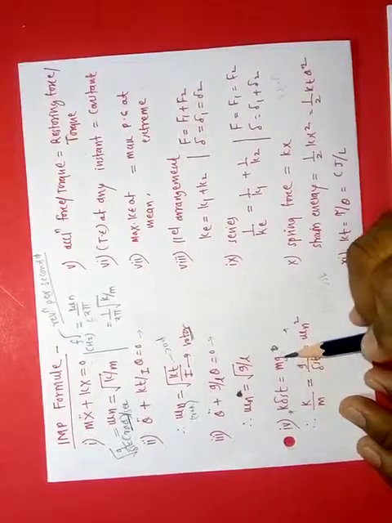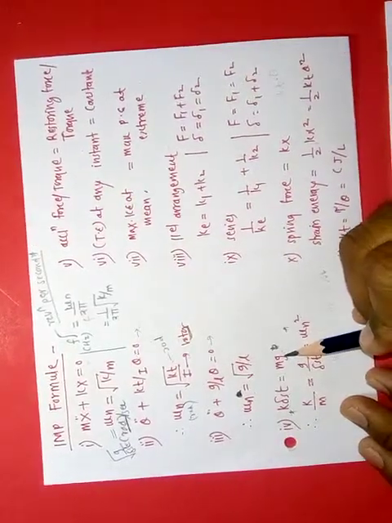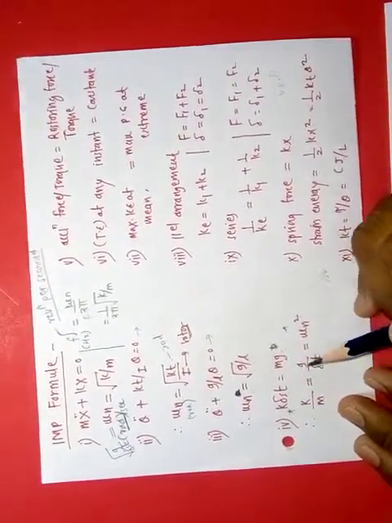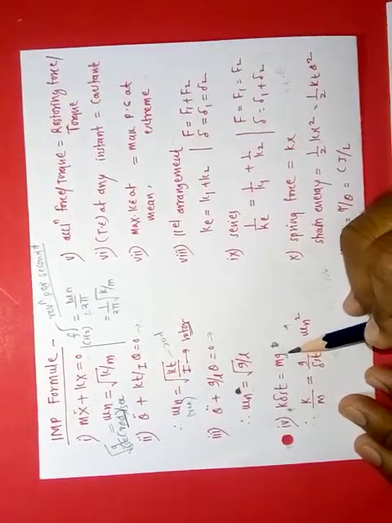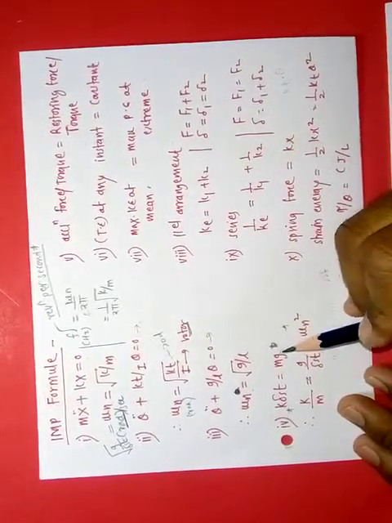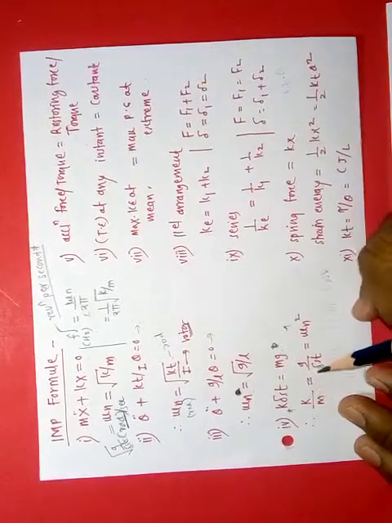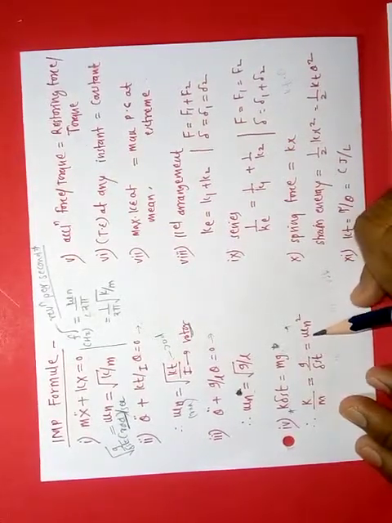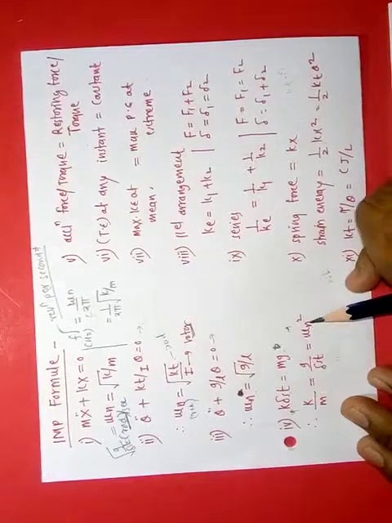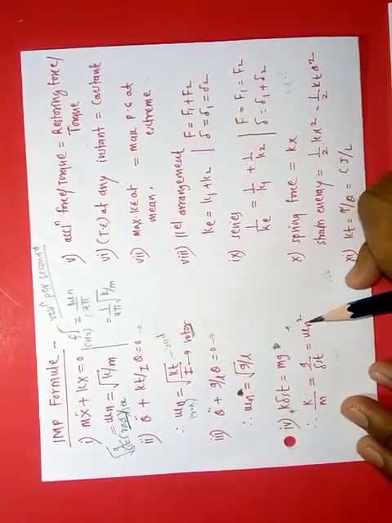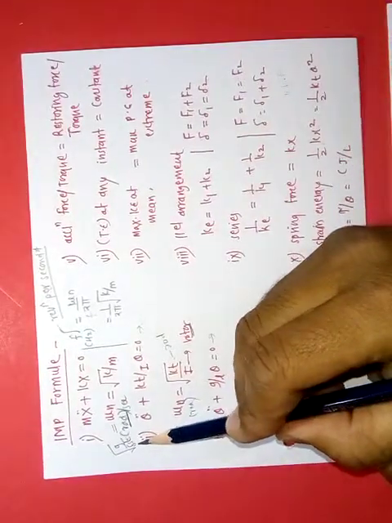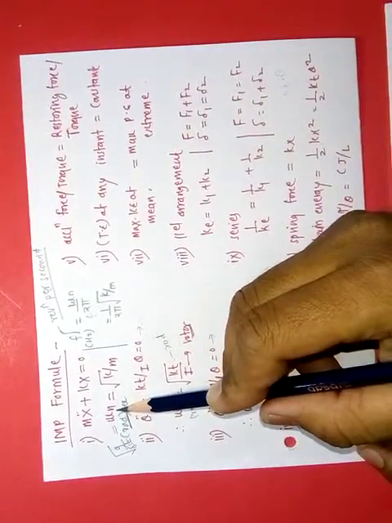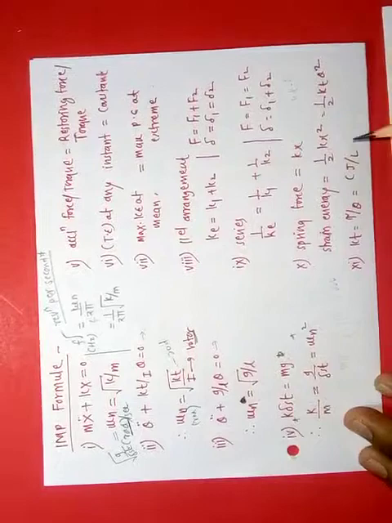Then when we attach mass to a spring, the spring deflects by some initial amount, that is static deflection, which is balanced by weight. From this equation we get k by m is equal to g by delta st. Then k by m is nothing but natural frequency square. So under root g upon delta st is another formula for natural frequency for spring mass systems.